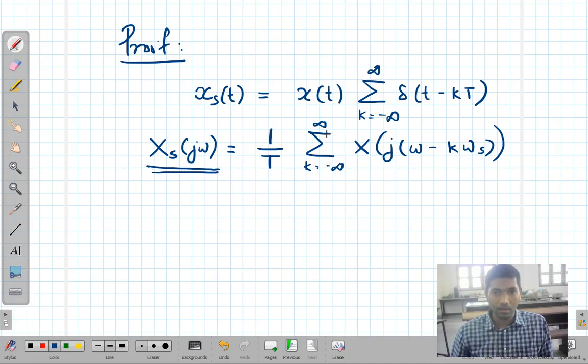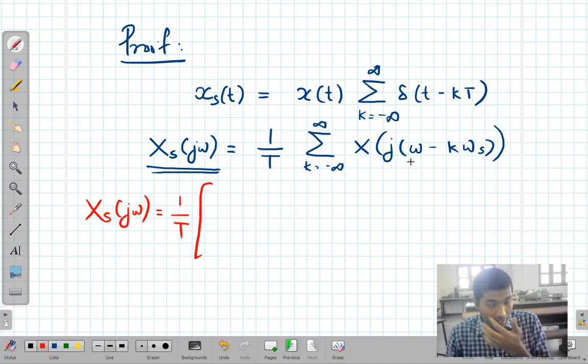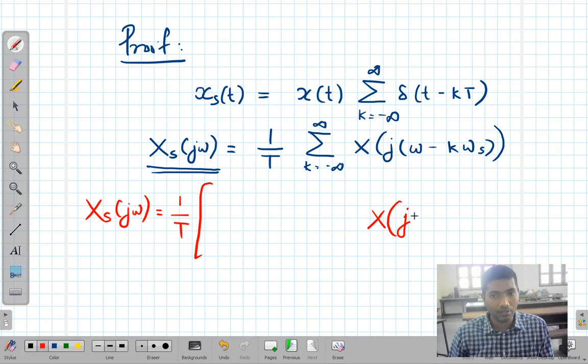So if I am expanding this summation, x s of j omega, there is 1 by T, which is common. Now I am trying to expand this, first putting k is equal to 0. k is equal to 0 means this term becomes 0, so it becomes x of j omega.